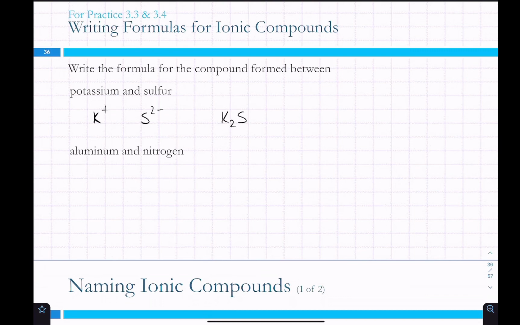One of the other ways that you can do this is called the crisscross method. There are some places where you have to be careful with the crisscross method because things need to be simplified. We want the simplest whole number ratio between the ions.